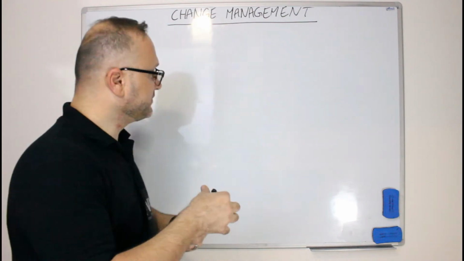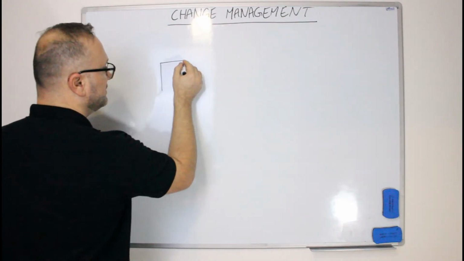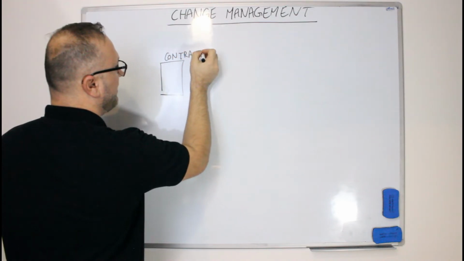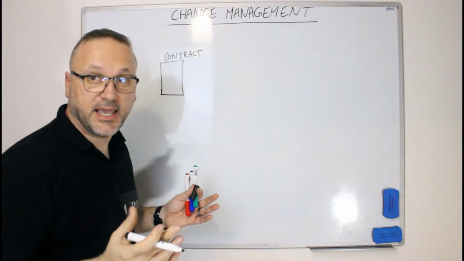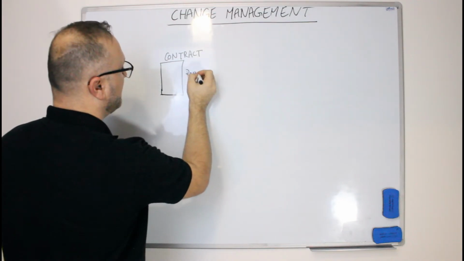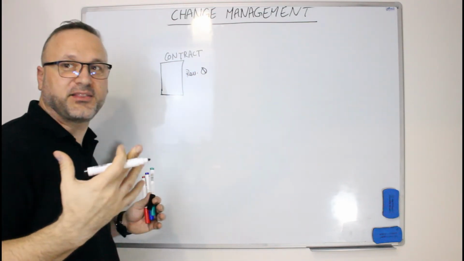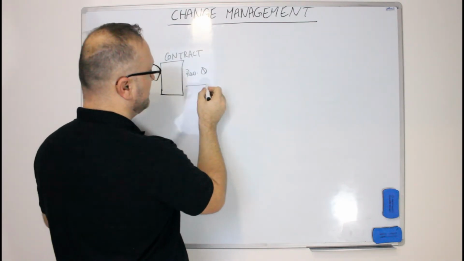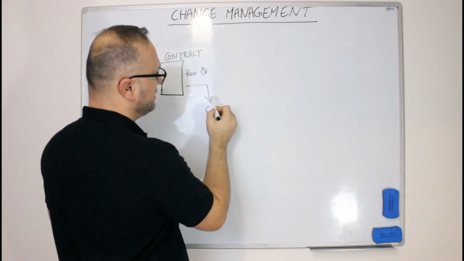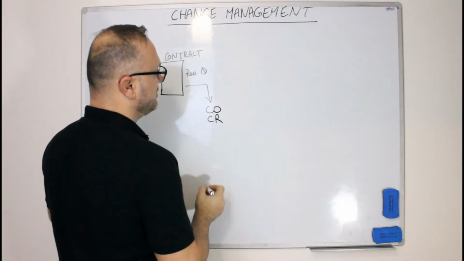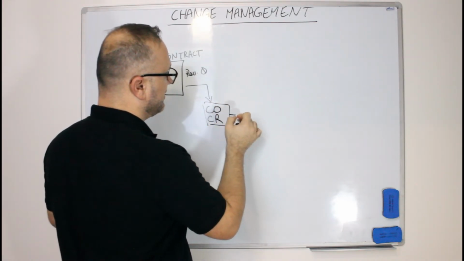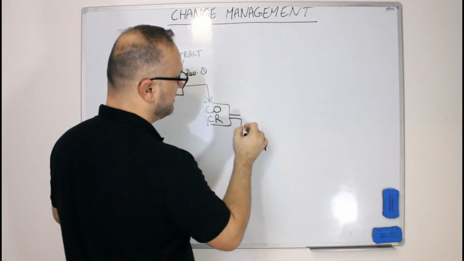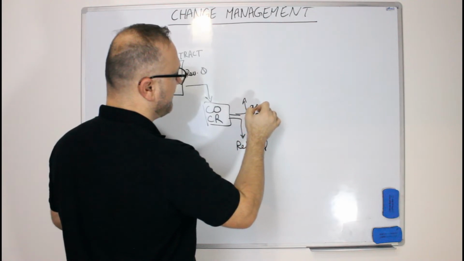In the meanwhile, you have a contract, and let's say it's in revision 0, so you can understand it better. The contract has change orders or change requests, and some are rejected, some are approved.